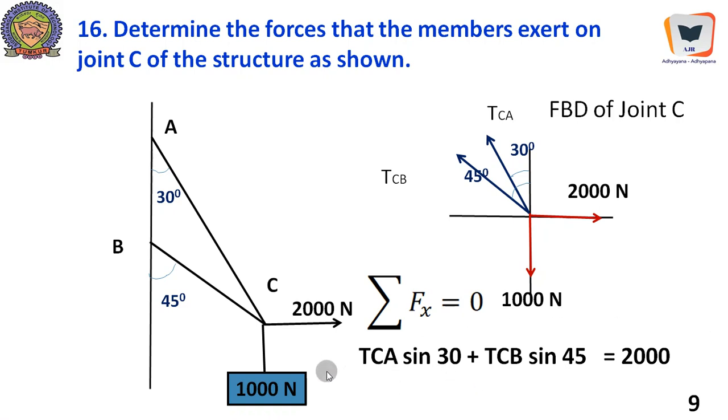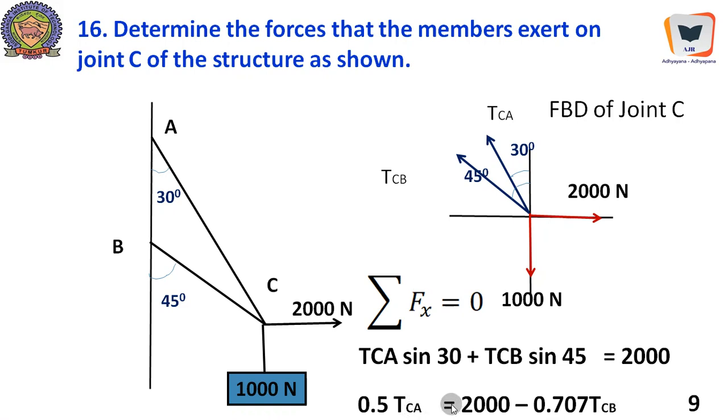Had we precisely written it, we would have written minus TCA sine 30 minus TCB sine 45 plus 2000 equal to 0. So it has been adjusted, and we will get 0.5 TCA equal to 2000 minus 0.707 TCB, a relationship between TCA and TCB.